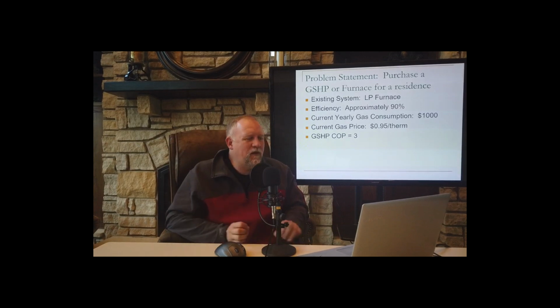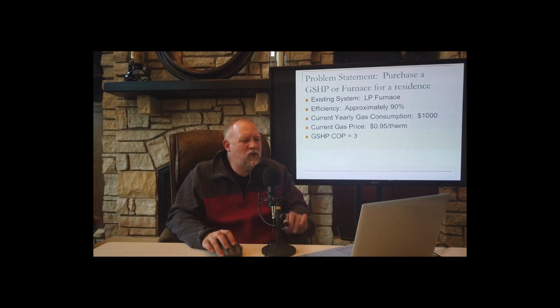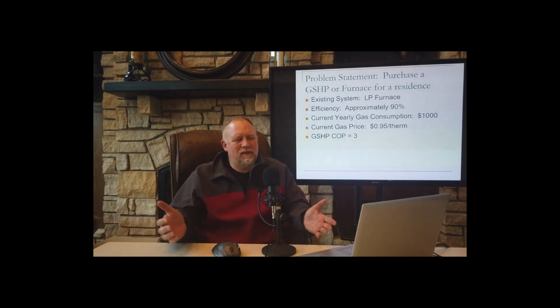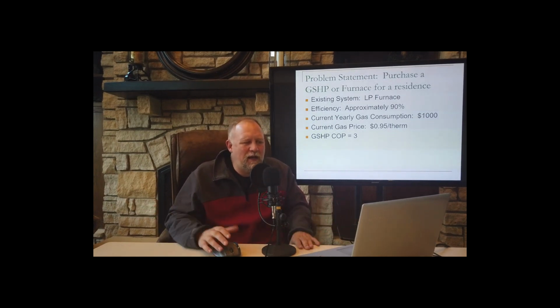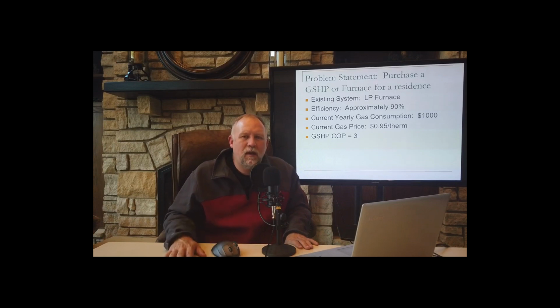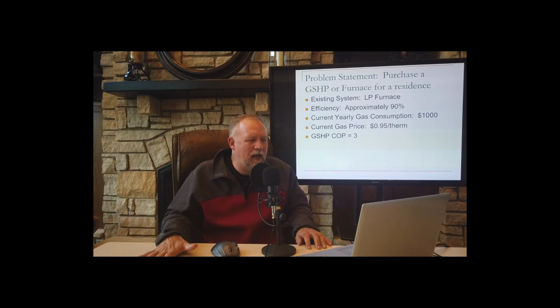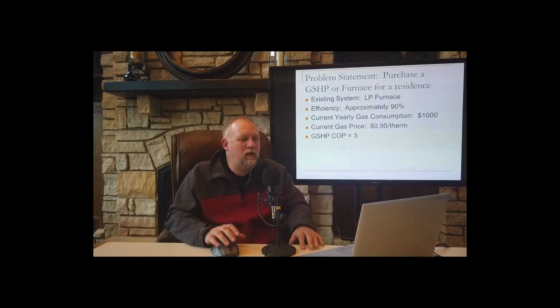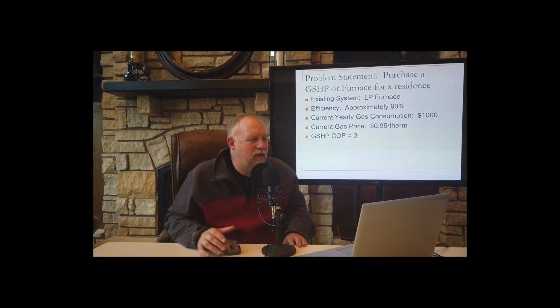Because it is a condensing furnace, that tells me it's greater than 88% efficient. For the purpose of this calculation, I just assumed it was 90% efficient. Could be higher. They make furnaces a little bit higher, 94, maybe even 95 or 96% efficient, but I just assumed 90% for the purpose of this calculation.